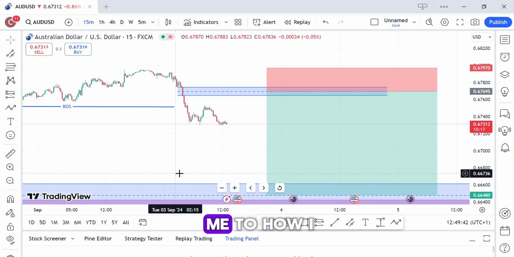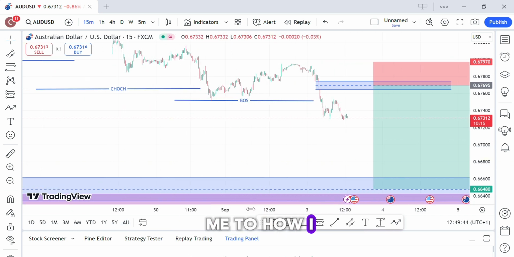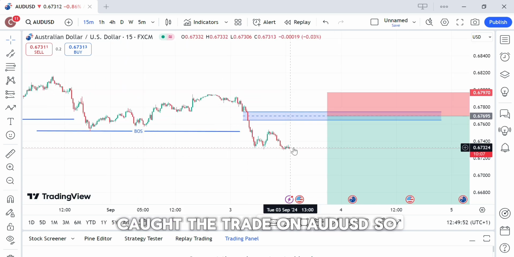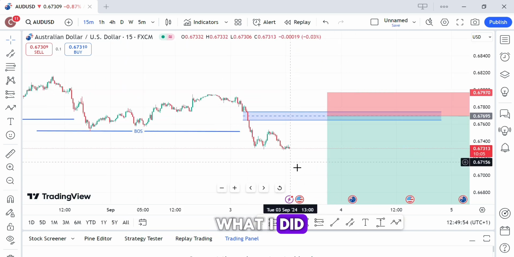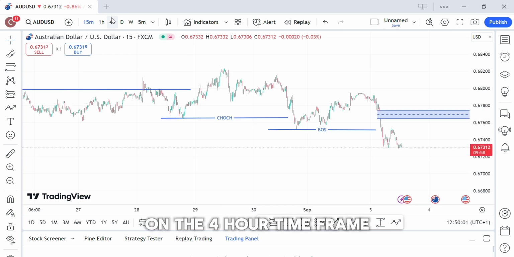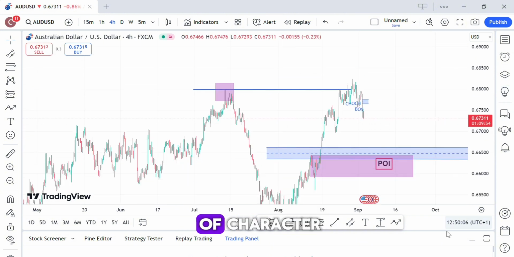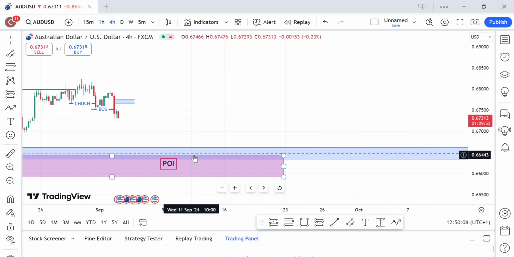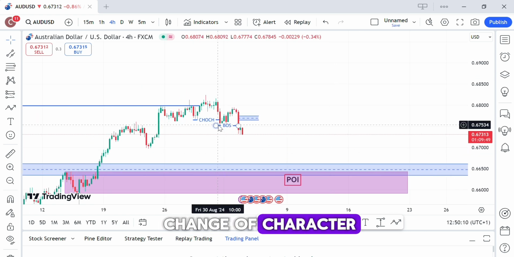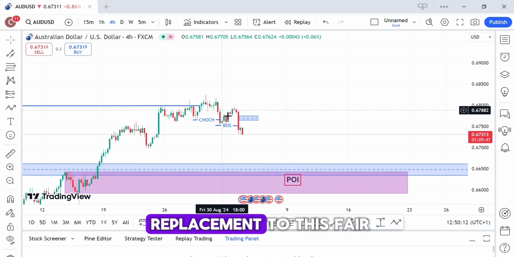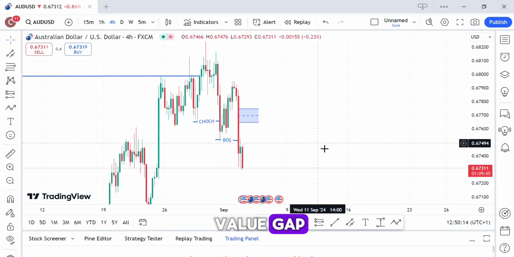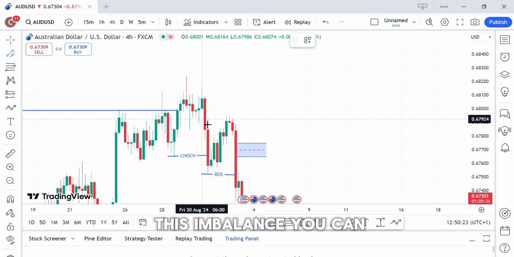And now that takes me to how I entered the trade, how I caught the trade on AUD USD. So what I did on the 4-hour time frame, when I saw the change of character, I waited for a retracement to this fair value gap here, this imbalance.